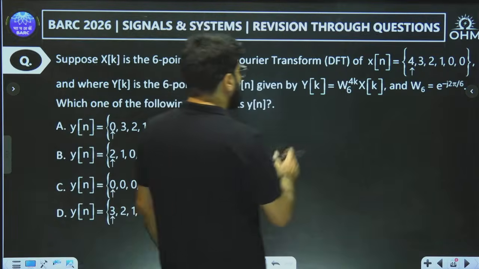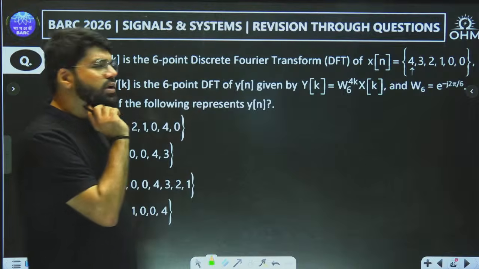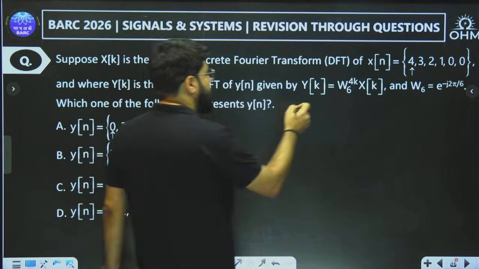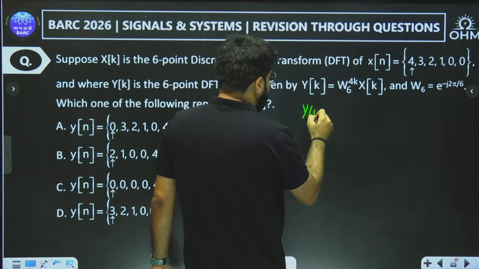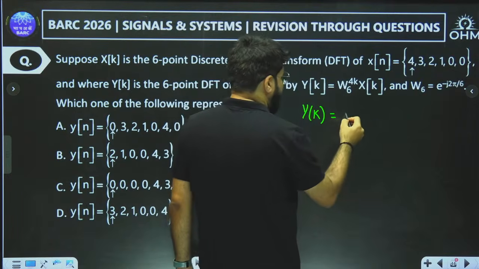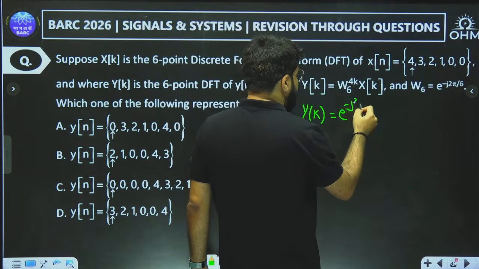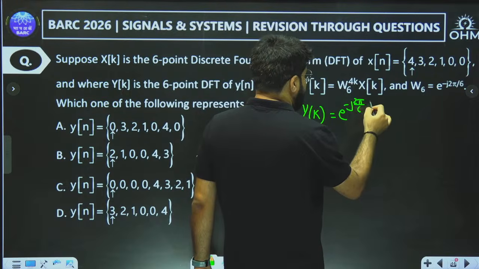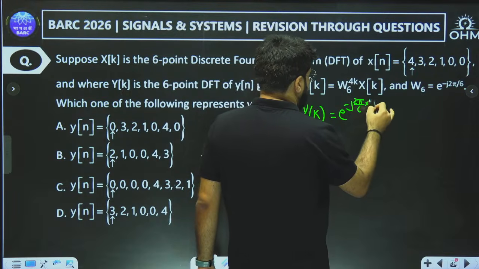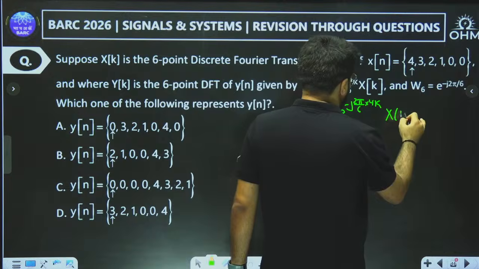Okay, so let's do it. We can also write this relation this way. The W6 twiddle factor, if you expand, is e power minus j 2 pi by 6 into 4k Xk.